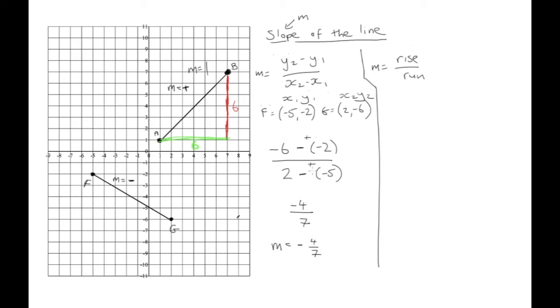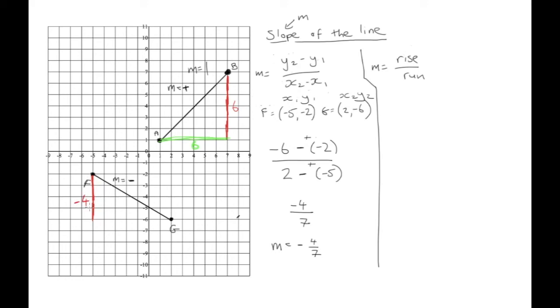Let's have a look now at the rise and the run. Okay, so the rise here, there it is there. Now, what's the difference between minus 2 and minus 6? It's minus 4.